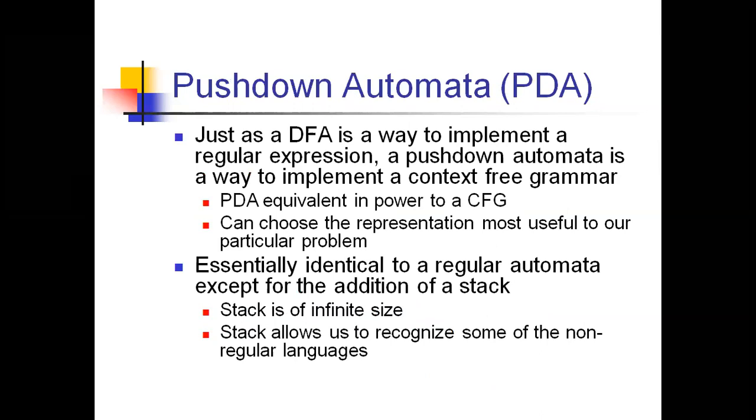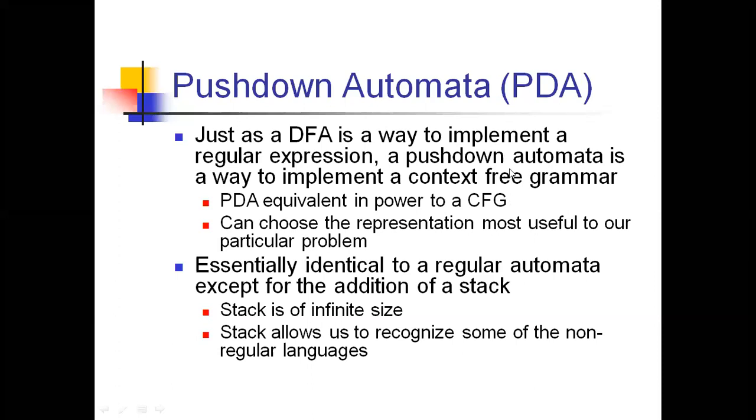So coming to the context of the PDA, it is just like a DFA. We already know what the DFA is, right? We are well known about the DFAs, and a DFA is a way to implement regular expressions. A PDA is a way to implement context-free grammars.